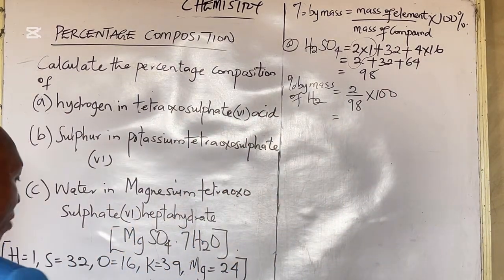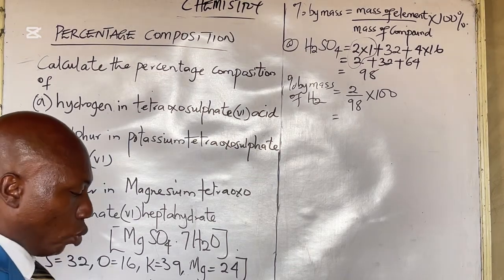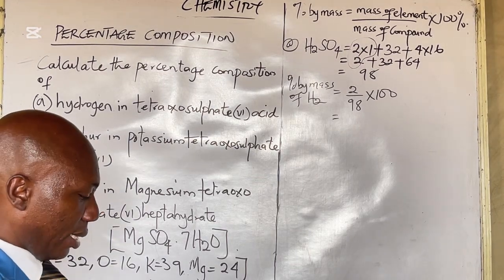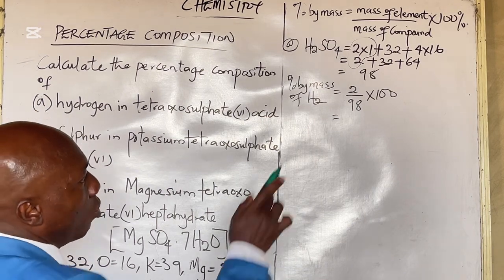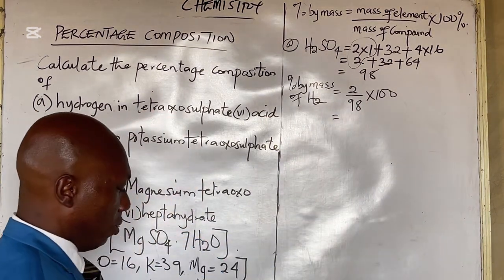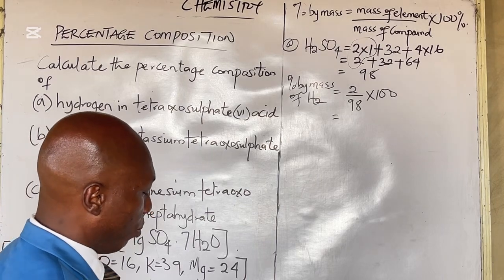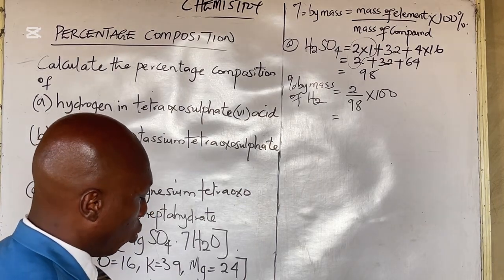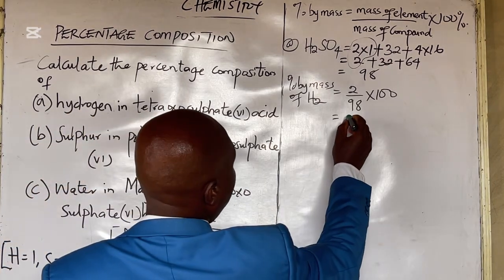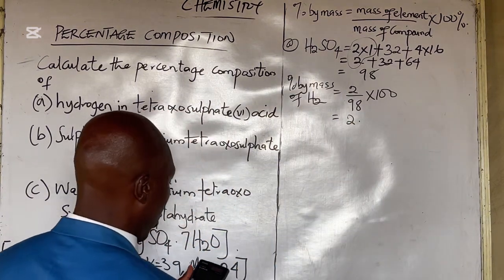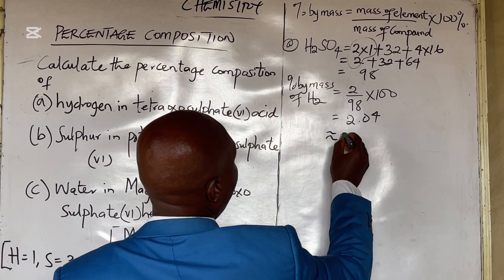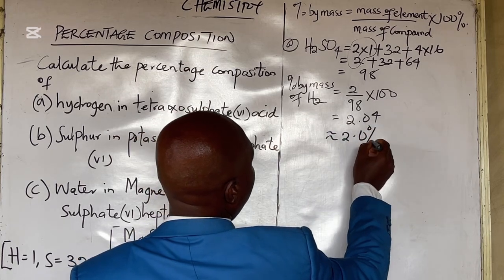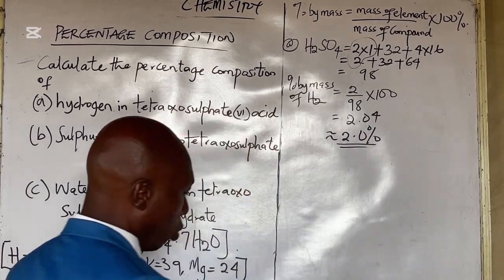So we solve that: 200 divided by 98, that's 2 times 100 over 98, and that will give you 2.04, which is approximately 2.0%.